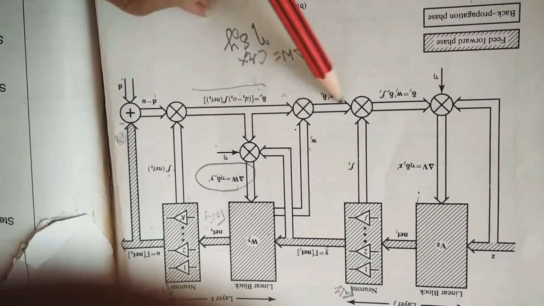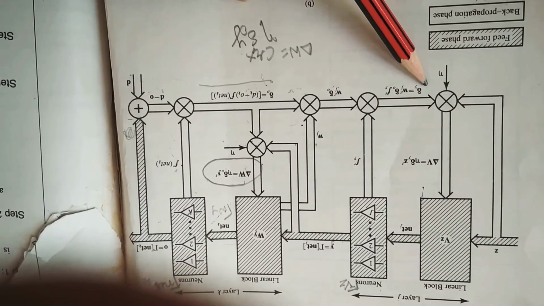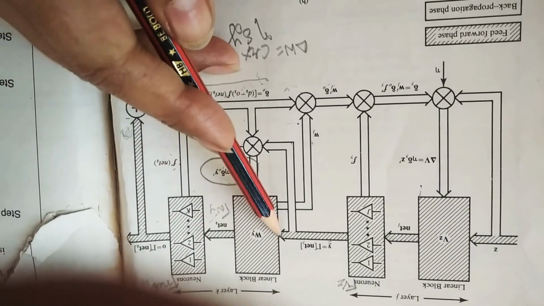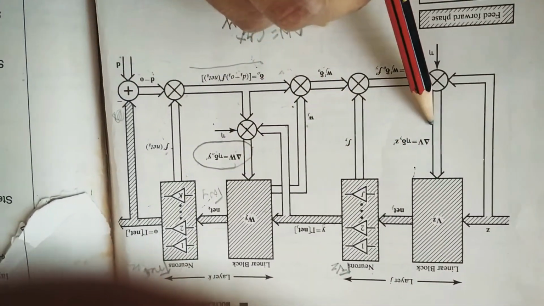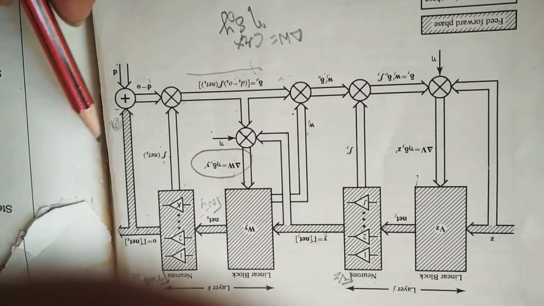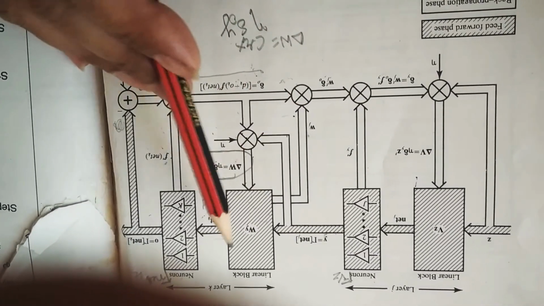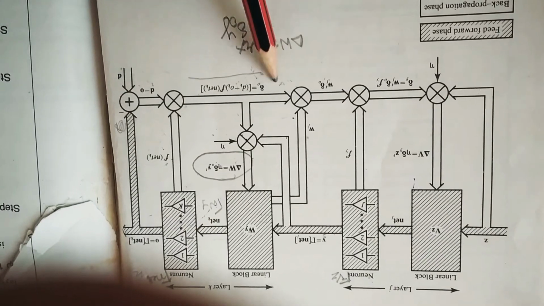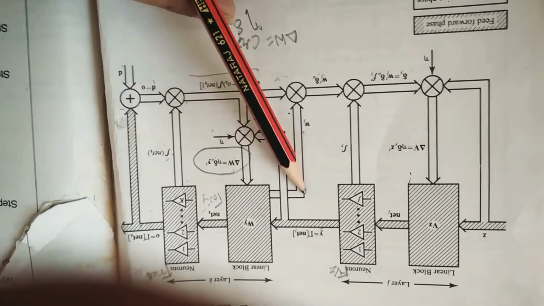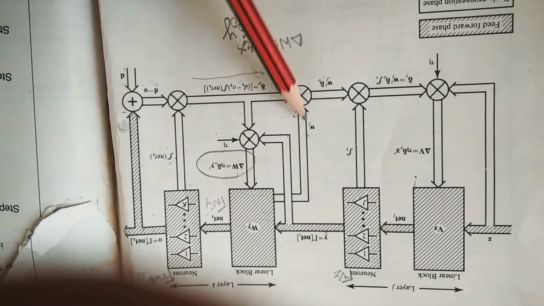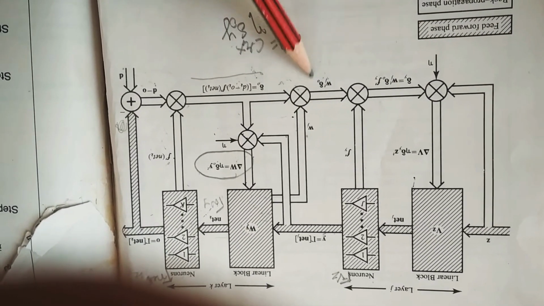Next we will have to derive for delta Y. Now what happens? This delta naught will come across this W vector towards the jth layer. Whenever we have to transfer something from the output to the input side, if there is some linear block, we have to multiply that linear block. So this W will come here. Delta naught multiplied by this W, we will have Wj delta naught.